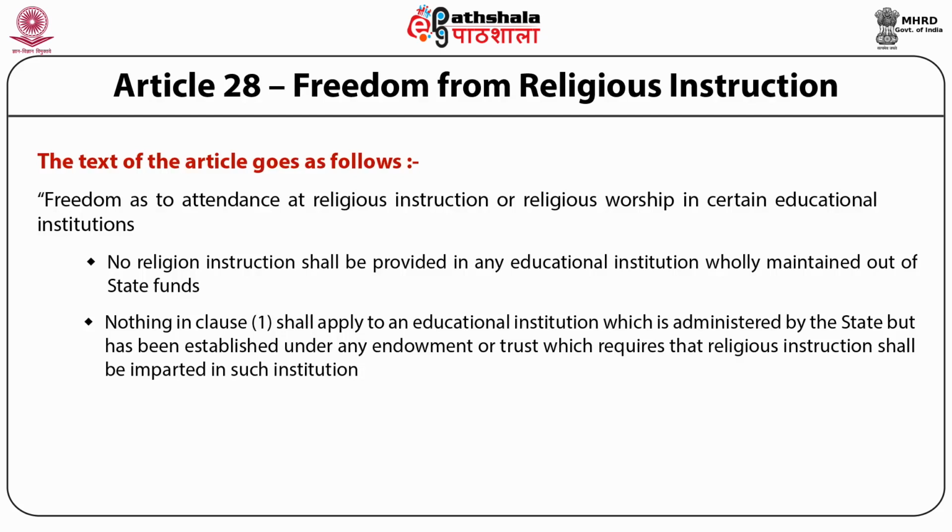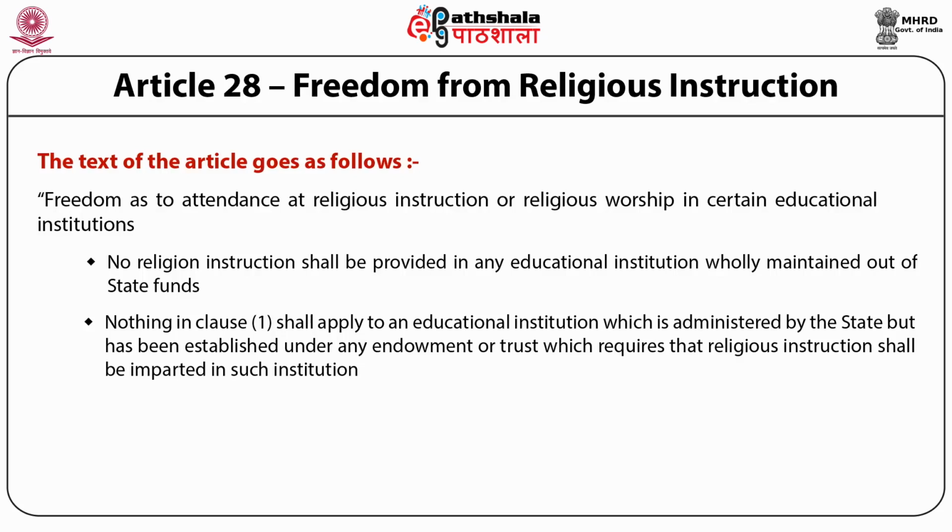Now let us assume a school is set up in Okla under a religious endowment by the Arya Samaj. And the Arya Samaj requires that the Vedas and the Upanishads be taught. It probably goes against the tenets of the Arya Samaj, but for the sake of the example, let's go with it.